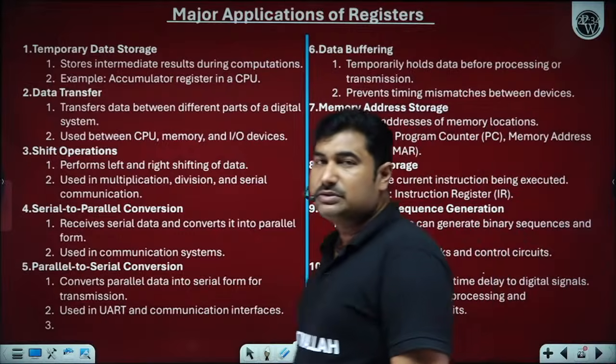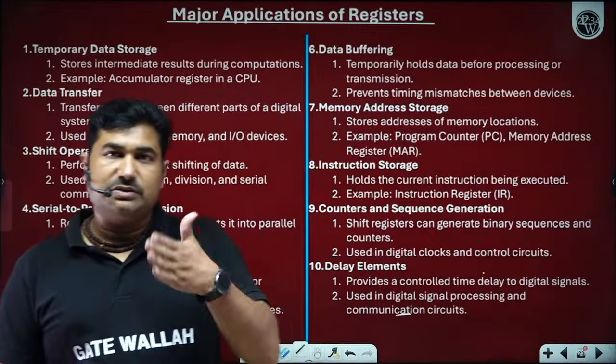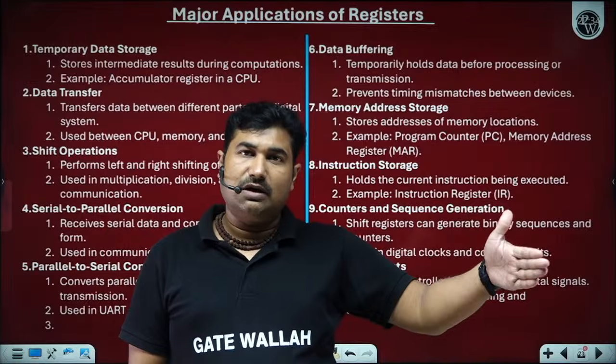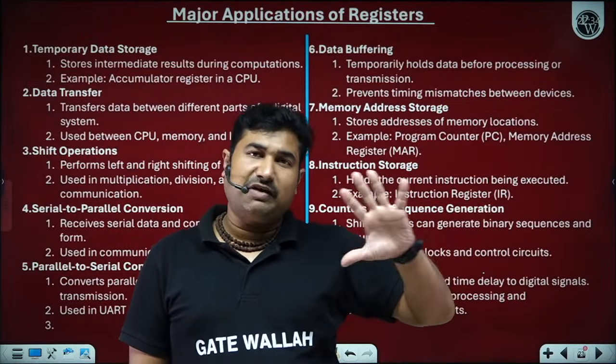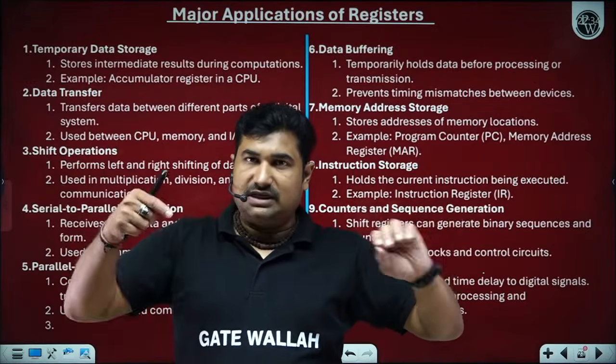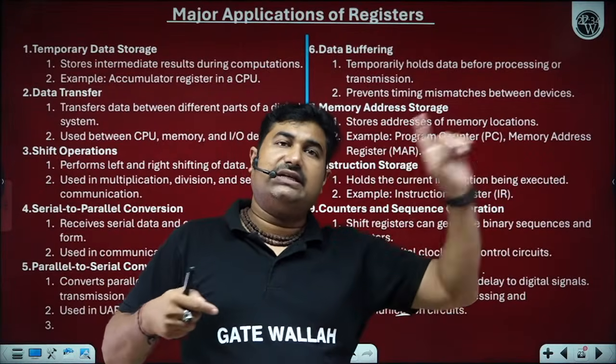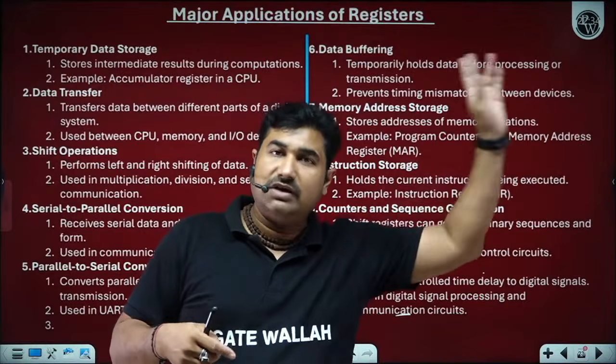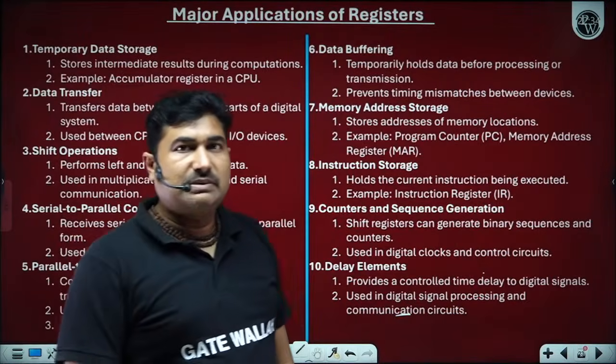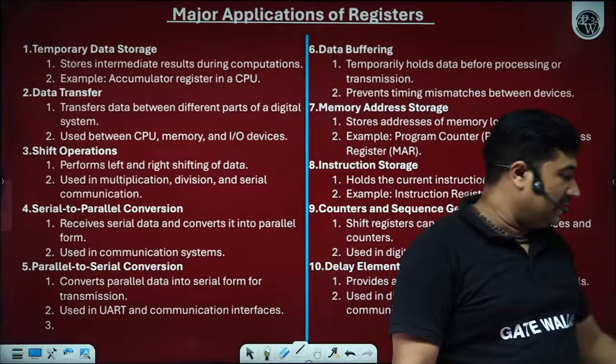It can also be used as a delay element. If you are using n-bit shift registers, let us suppose 5-bit shift registers, and you have serial in, serial out, then whatever data you are giving to serial in, the same you will get at serial out, but after a delay of 5 clock cycles. Is it okay? So sometimes it is also used as a delay element.